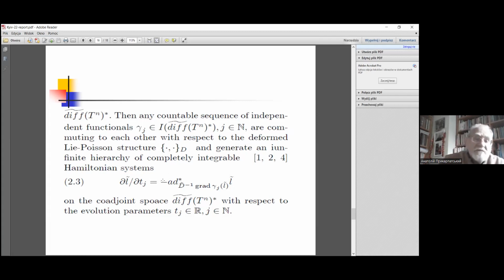So we arrived at a set of Hamiltonian systems which are invariant with respect to the abelian group of symmetry.